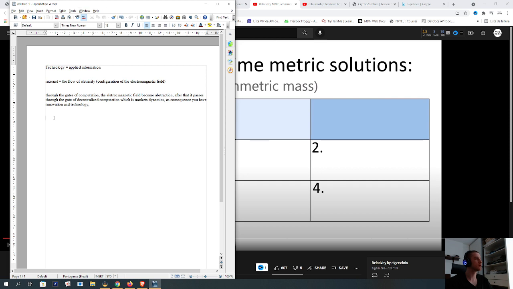But I think the main thing is this correlation: the flow of the electromagnetic field is directly correlated to the cost function of the limbic system.